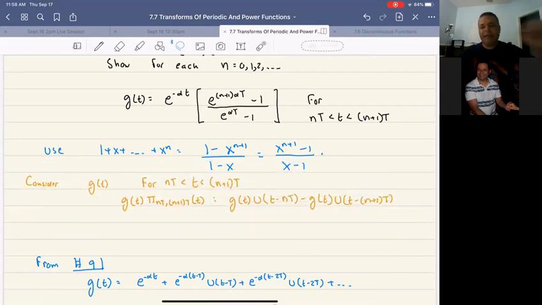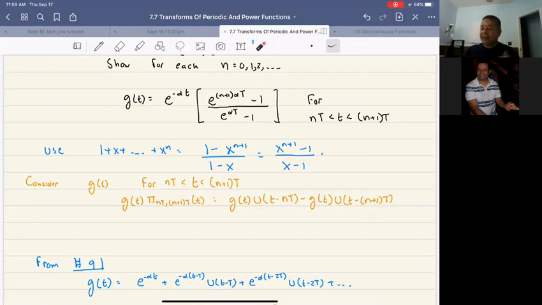So if we take our g of t, and we want to look at it just in a window, what we're basically doing is we're saying multiply our function by a window, right? And our window function, remember, is the step function of the smaller side minus the step function of the larger side. Okay.